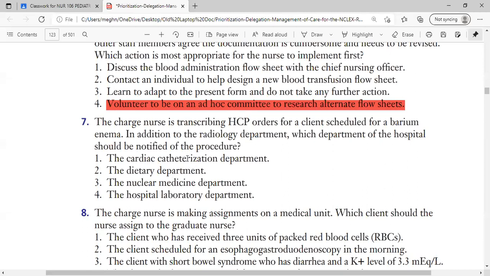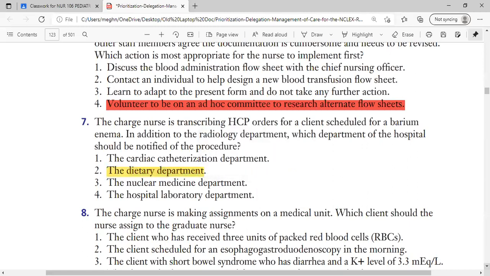Do not send food to the unit because my patient is going to the gastrointestinal unit for a barium enema, right? So our answer is number 2, the best choice.